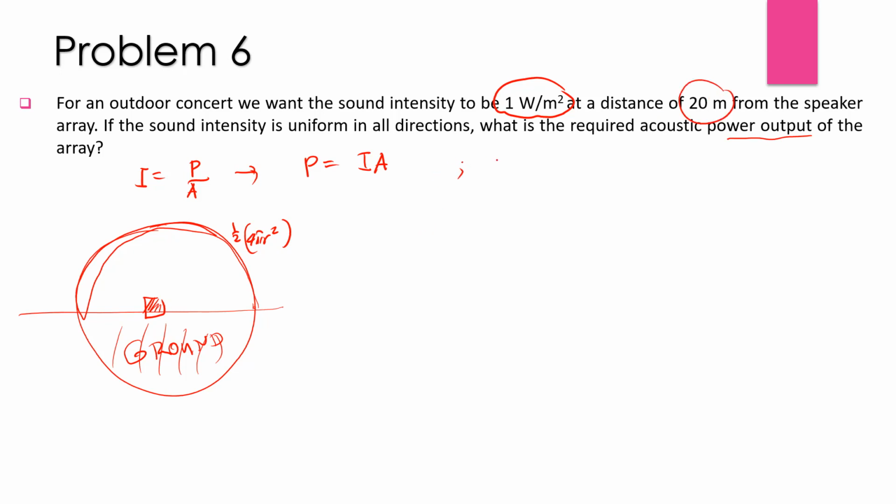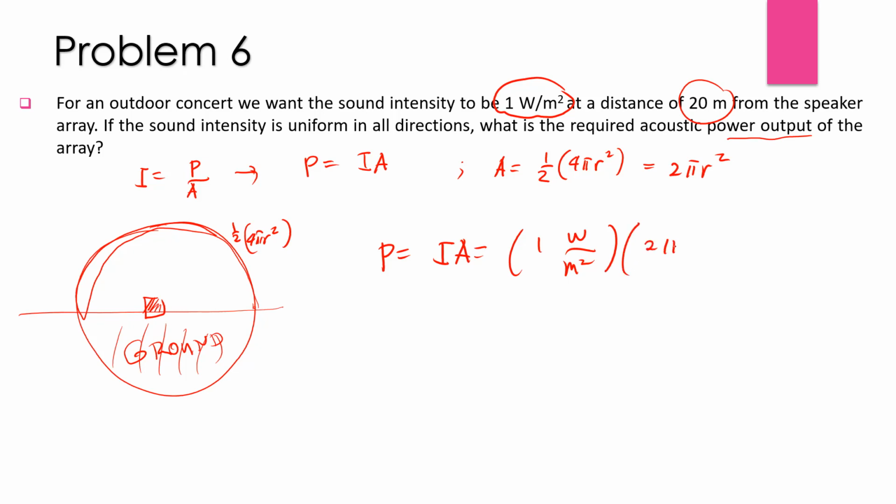So we have area is equal to 1/2 of the surface area of a sphere, and I is equal to 1 watt per meter square. So this is actually equal to 2 pi r square. Therefore, power is equal to IA, and this is equal to 1 watt per meter square times the area, which is equal to 2 pi times 20 meters quantity square.